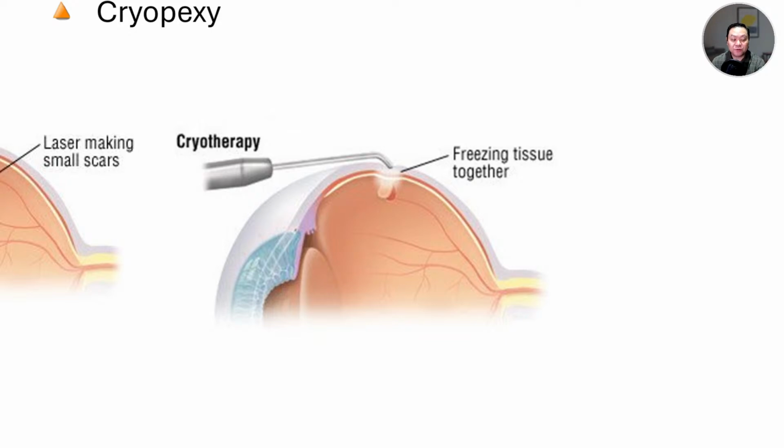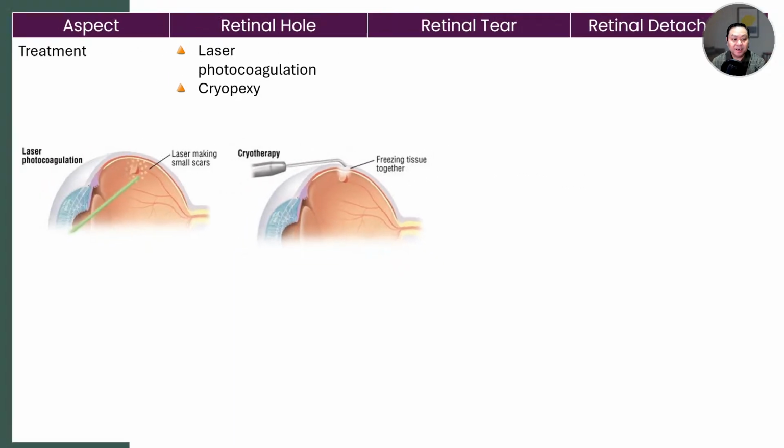And the freezing of that area can actually lead to an inflammatory response that will help the retina to attach to the underlying choroid. Okay, it can also promote healing. Now, let's talk about the retinal tear. It's also going to require the same procedures, laser photocoagulation and also cryopexy.